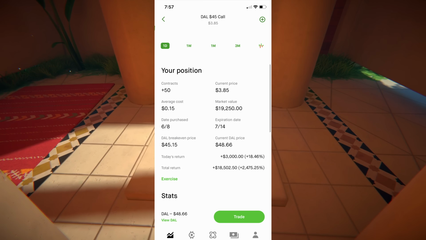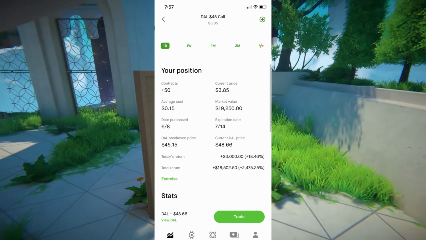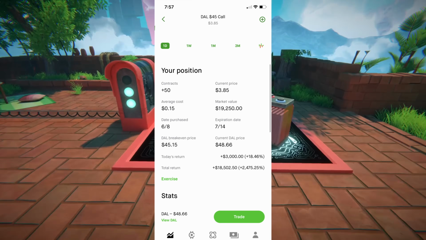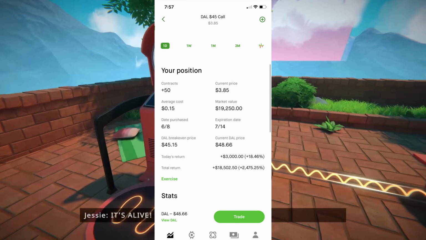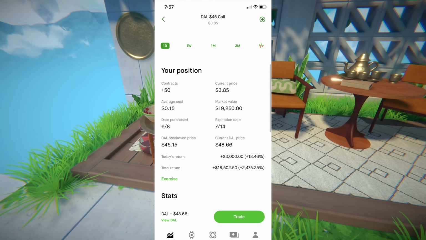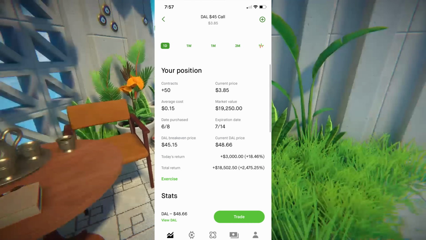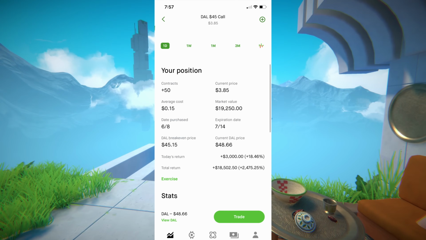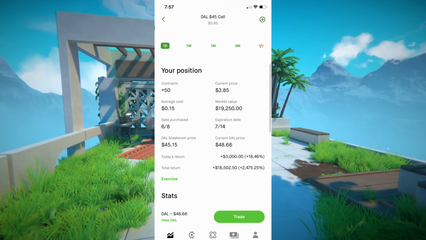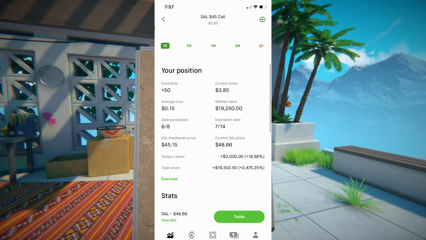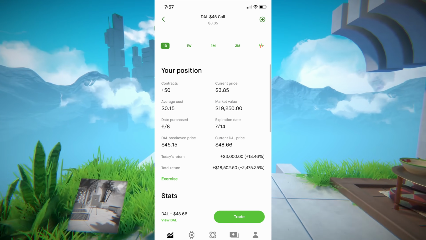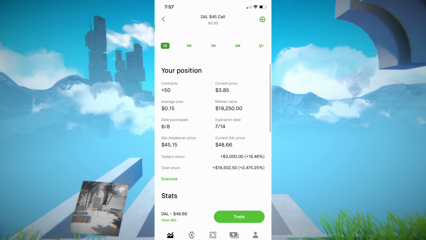The break-even price was $45.15, and the current price was $48.66. So that's a $3 difference. Since a dollar above a break-even is worth $100, each contract ended up being worth $385. So $385 times 50 equals the $18,500.